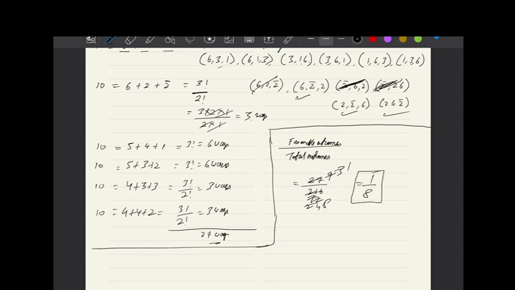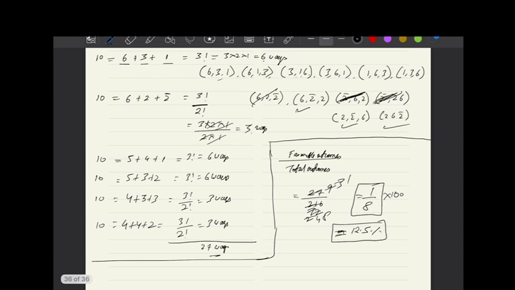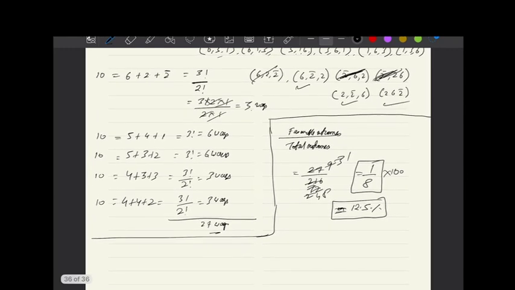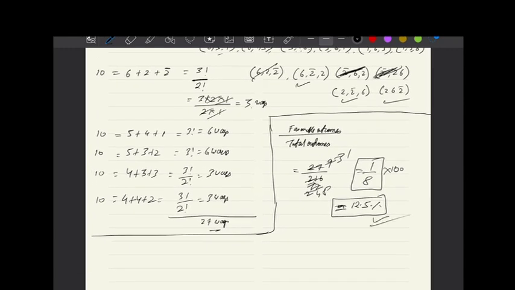Now if we want to turn it into a percentage, we can multiply by 100, and we'll get a result of 12.5%. So the final answer is that if we roll 3 dice at a time, the probability of getting a sum of 10 is 12.5%. So that's the answer.